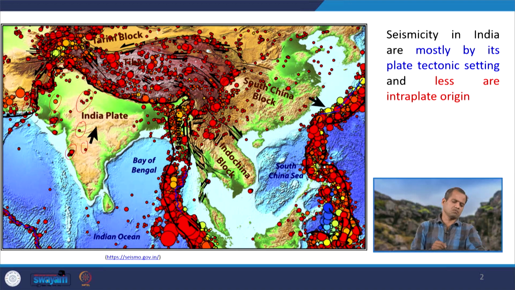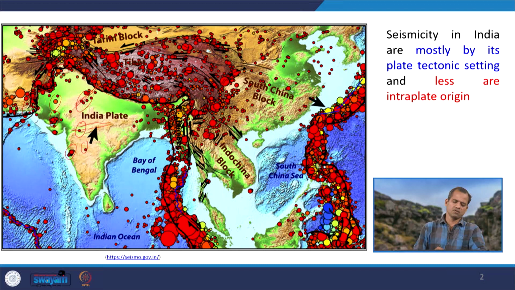However, some of these earthquakes, here and here particularly, are following the Narmada Son graben, or the Sonata graben, and here the Delhi Aravalli range.